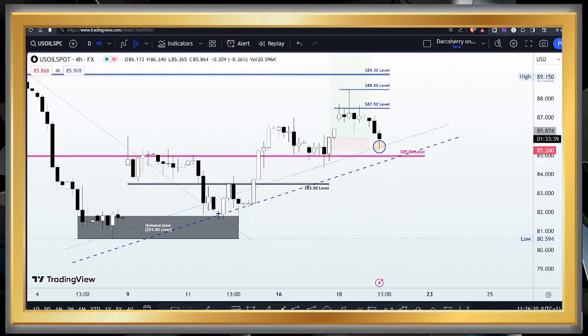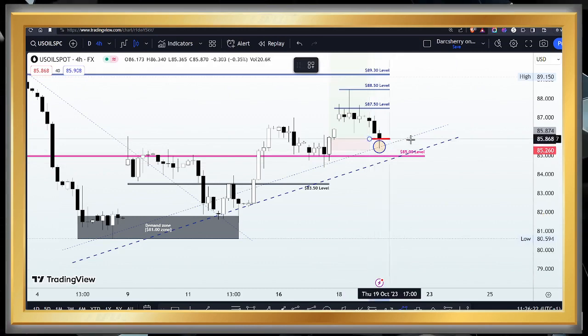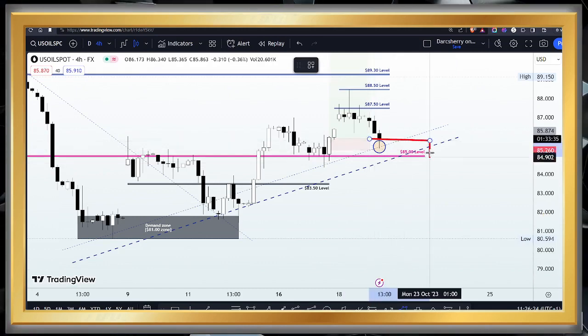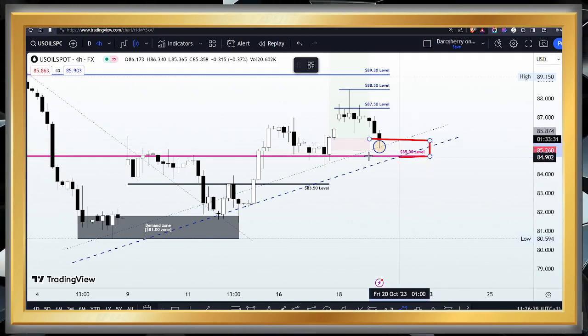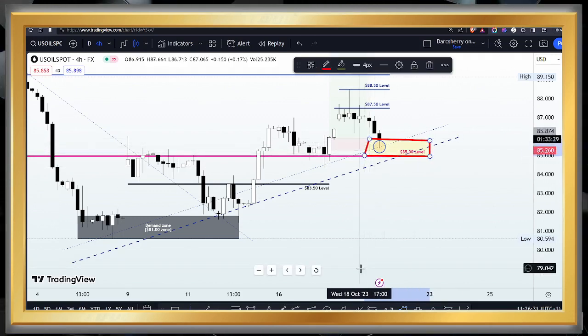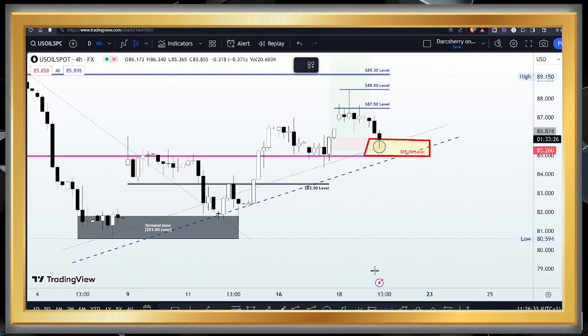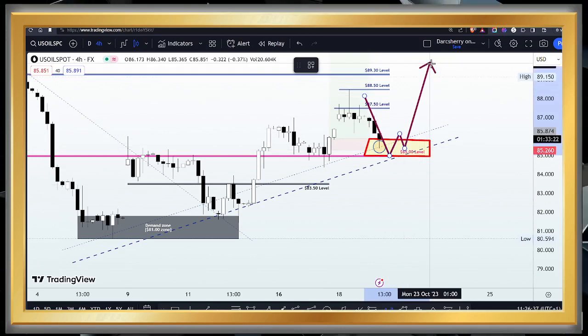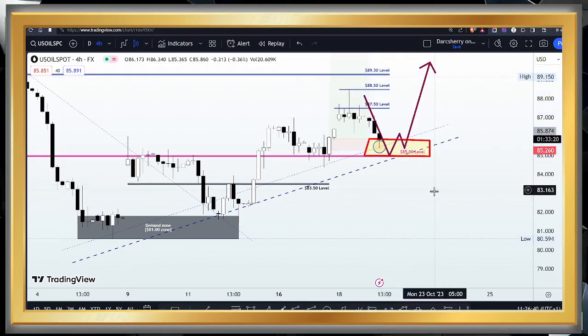But most importantly, what we are going to be looking out for around that $85.90 level and the $85 area is to see some reversal setup, something like a double bottom structure or a head and shoulder pattern for us to feel comfortable of joining an uptrend move.